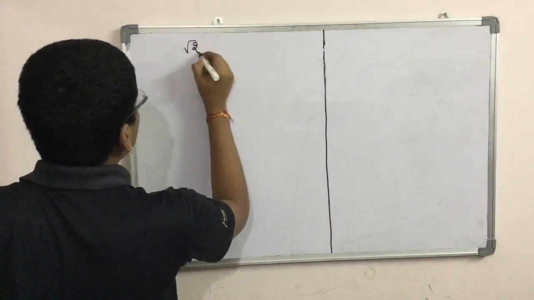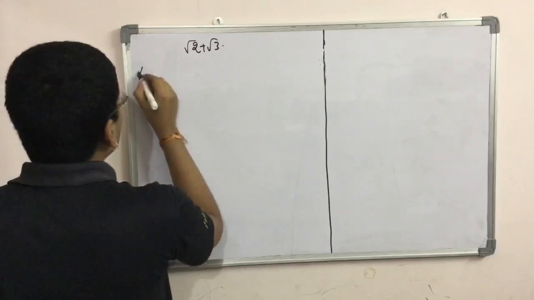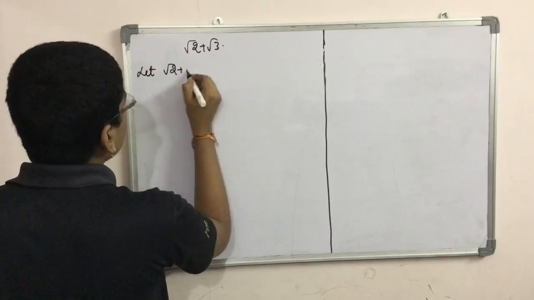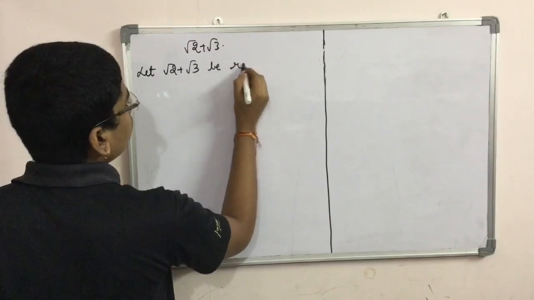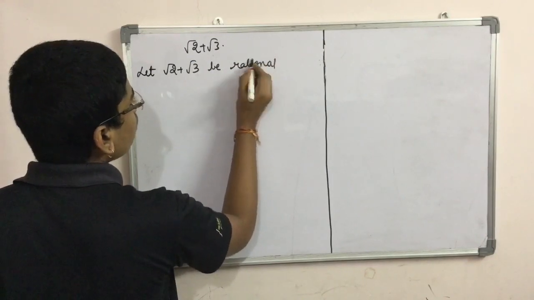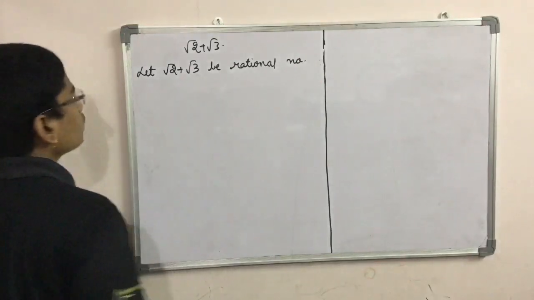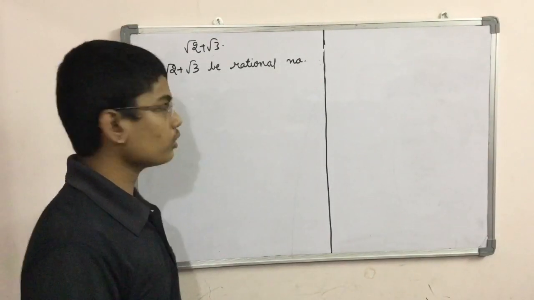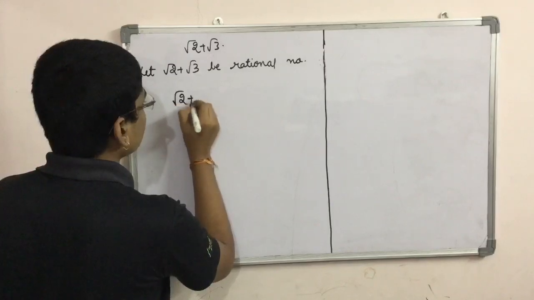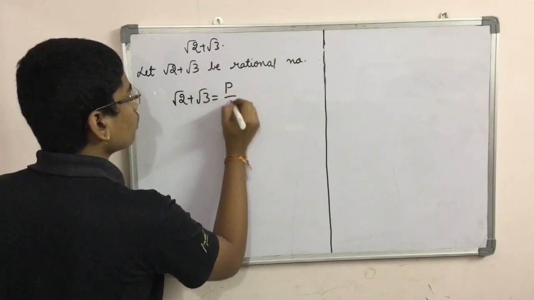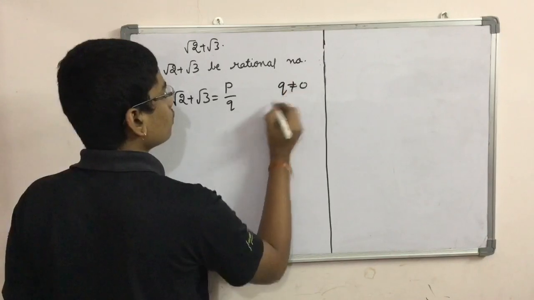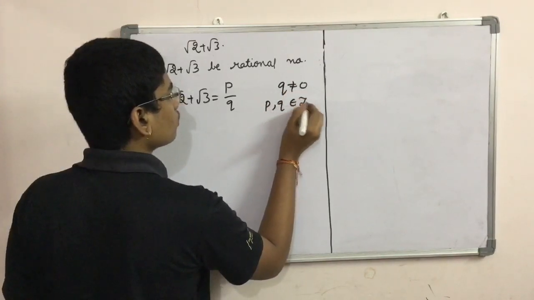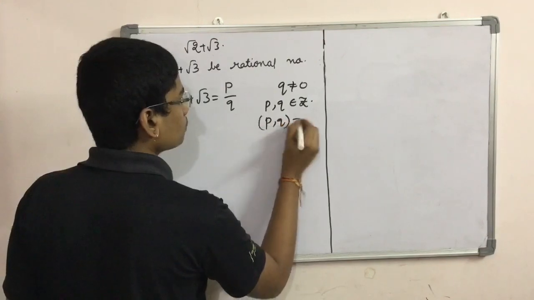Now we will take an example of a number in the form of root a plus root b and prove that it is irrational. Let us take the example of root 2 plus root 3. First of all, we will assume that it is rational. Let root 2 plus root 3 be a rational number. And then in the next step, as we have assumed it is rational, then it has to satisfy the conditions. That is, it has to be in the form of p by q, where q is not equal to 0, p comma q belong to integers, and p comma q must be co-primes.